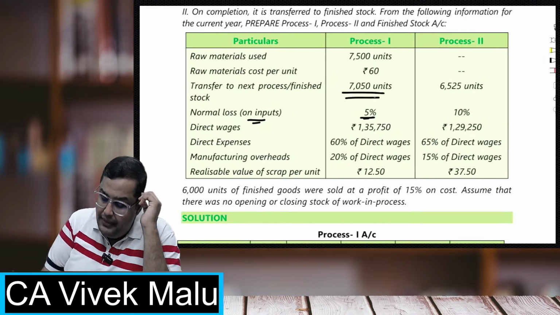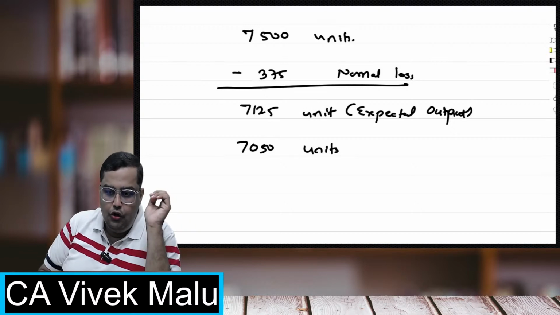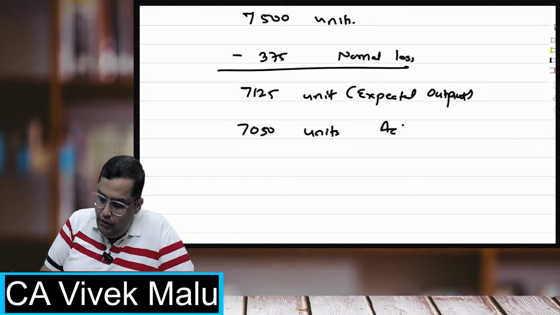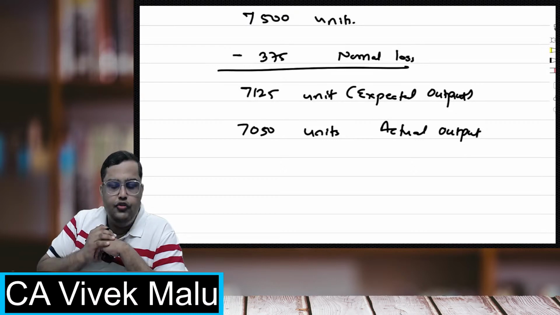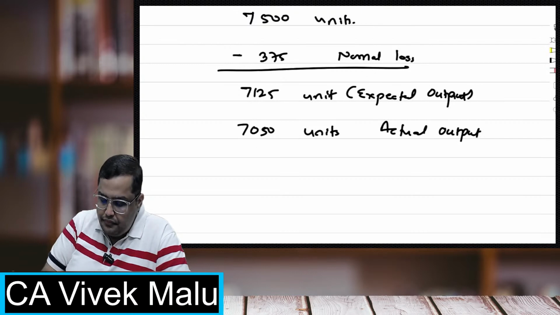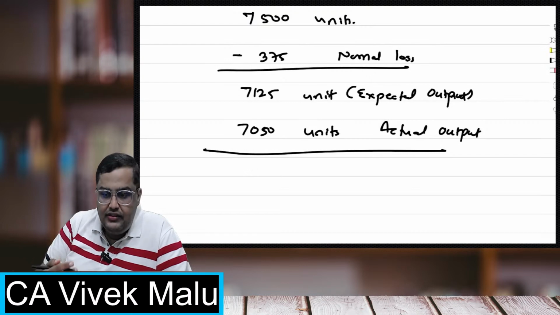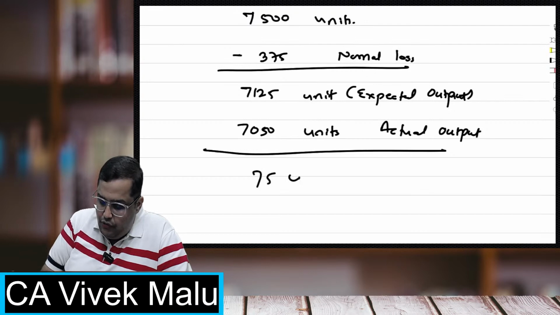The actual output is coming to 7050 units. We were expecting 7125 units to be produced, but the actual production was only 7050 units. So how much is the excess loss? That is obviously 75 units, and this is abnormal loss.